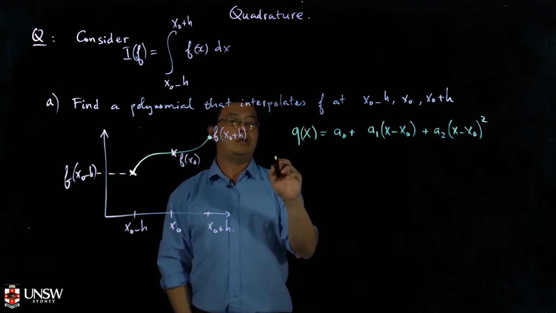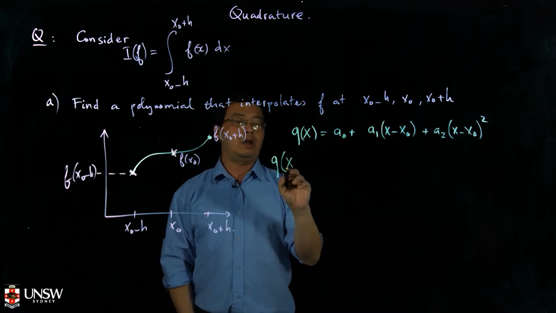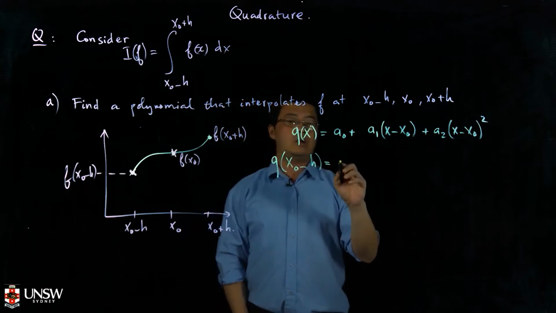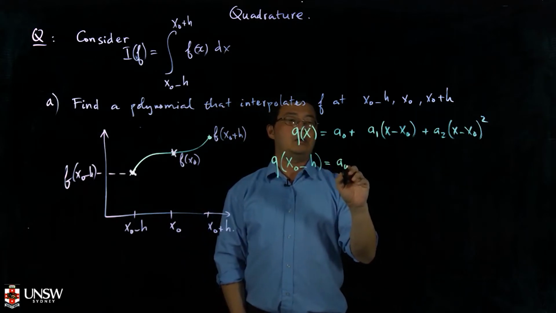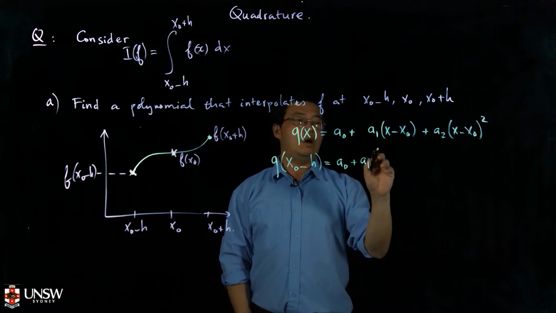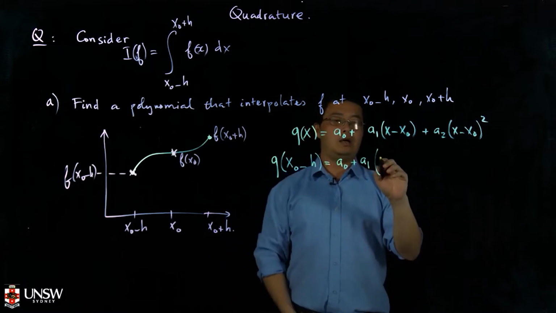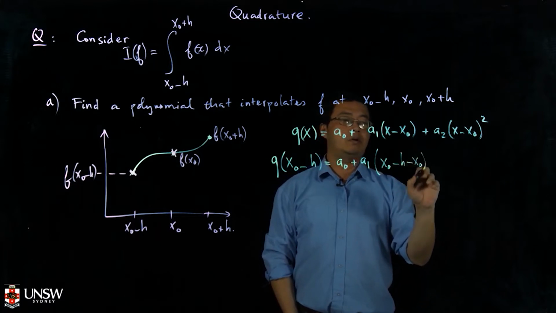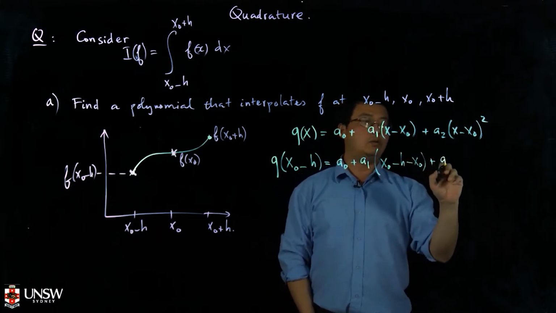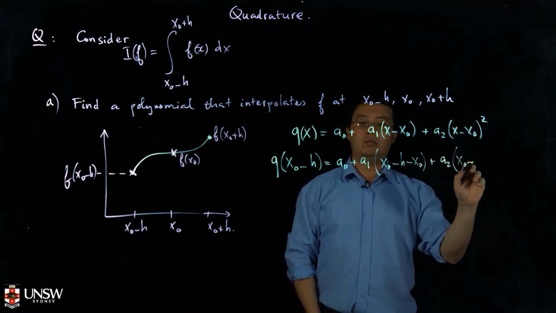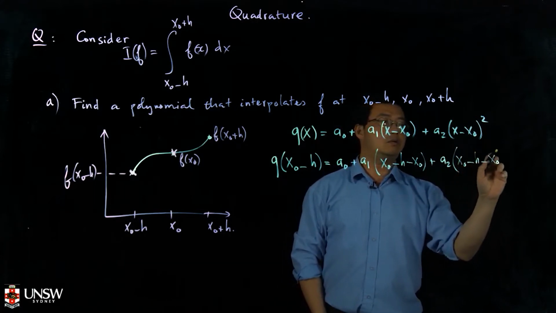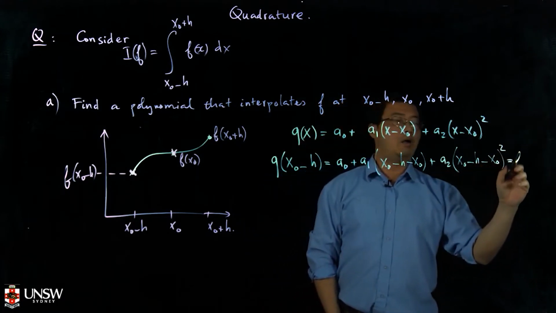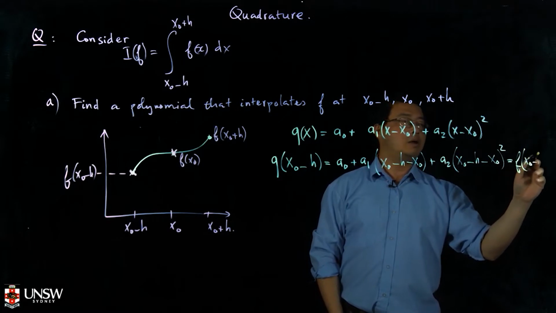Now if I put in q at x0 minus h, then I should have a0 plus a1 times (x0 minus h minus x0) plus a2 (x0 minus h minus x0) squared, and this should equal f at x0 minus h.